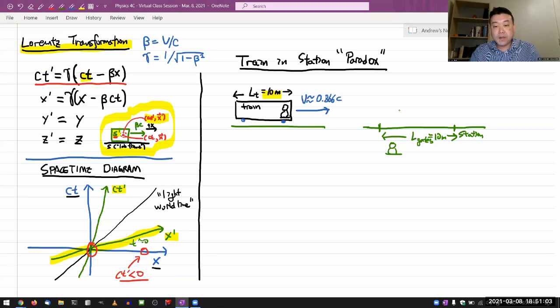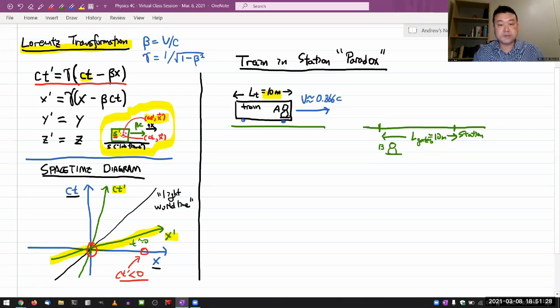As you are doing this, you have a disagreement between Alice, the train operator, and Bob, the station chief. Bob claims that there's plenty of space here. The train, which is a moving ruler, is short. It's Lorentz contracted.